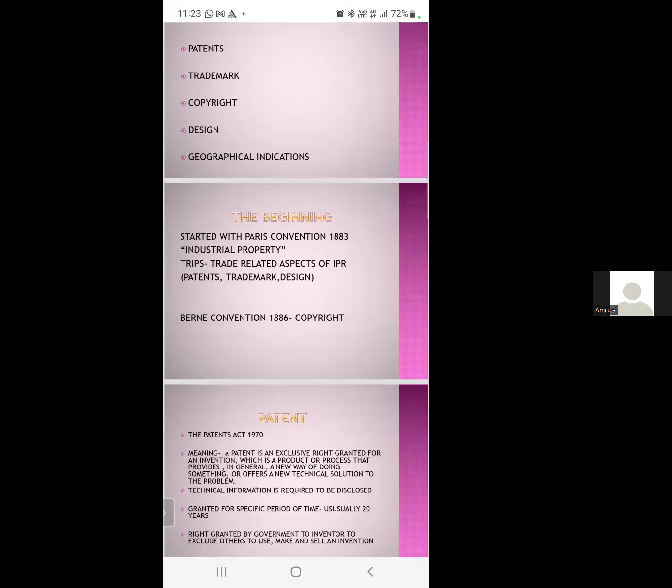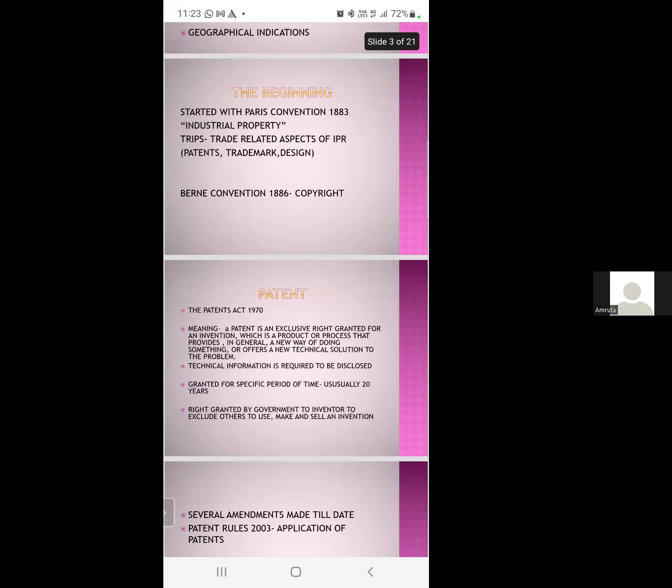To begin with our first intellectual property right, which is patent. Okay, we'll first start with the patent. At present, the rights in India are governed by the Patents Act 1970. So it is not a very old law. There was an earlier law from the 1930s related to patents.